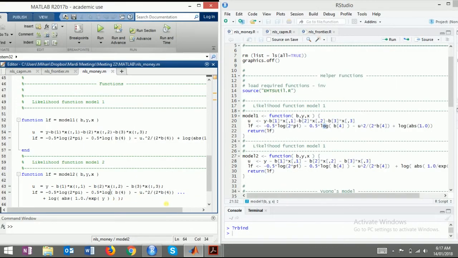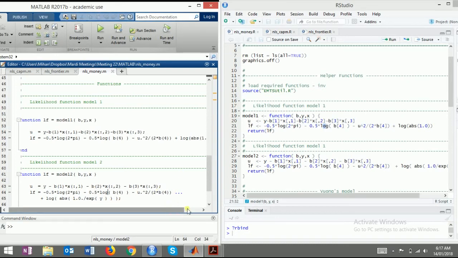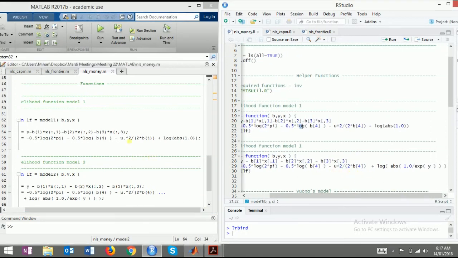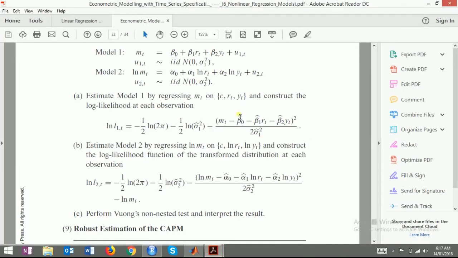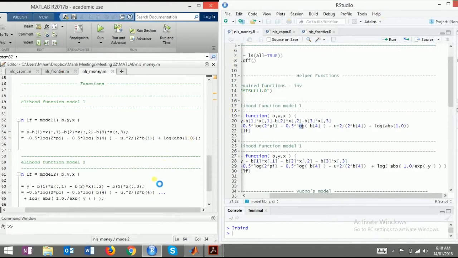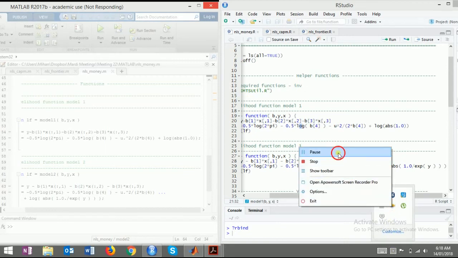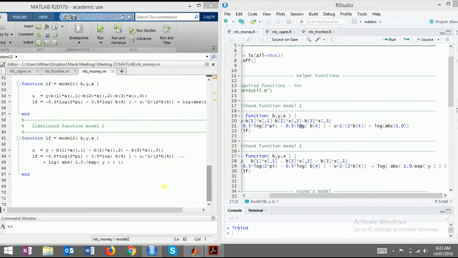This u square by 2 beta 4 plus, yeah. Still have a look. Square by 2 beta 4 minus log MT. So basically, these are the equations.